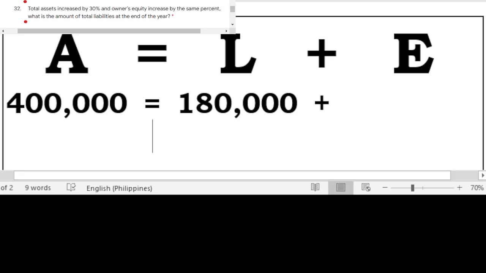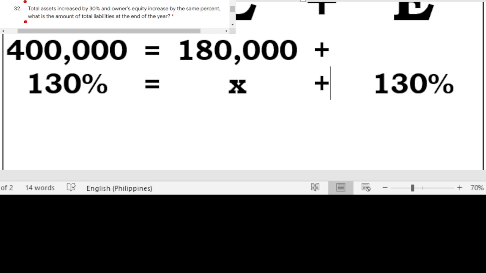So again, since the total assets increased by 30%, the assets will be multiplied by 130%, as well as the equity, which also increased by the same percent. So 400,000 times 130%, that is 520,000.